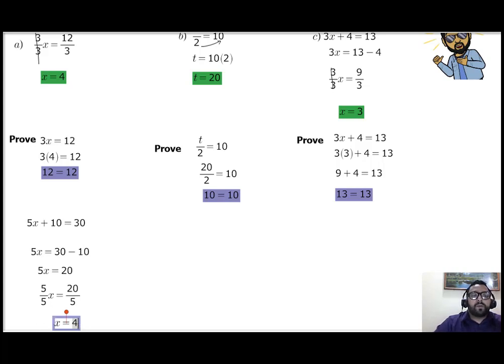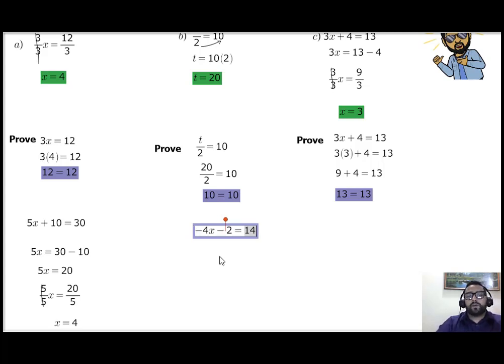If you want to prove it, remember, you can take this value, which is 4, and you replace it here: 5 times 4, 20, plus 10, 30. It keeps the equation.